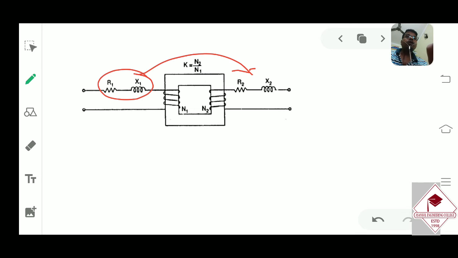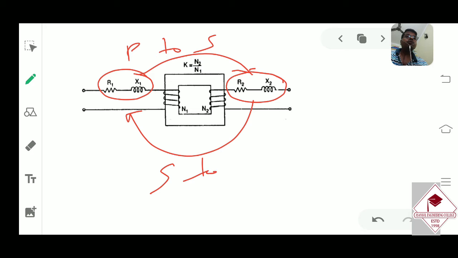This is called primary referred to secondary, and transferring these parameters to the primary side is called secondary referred to primary. So we will learn how we transfer.